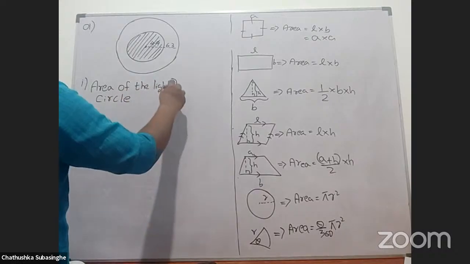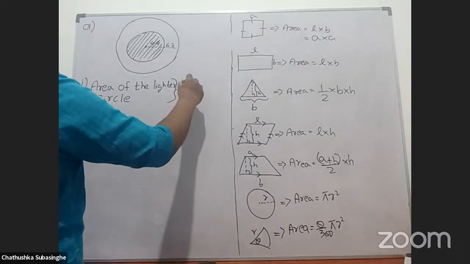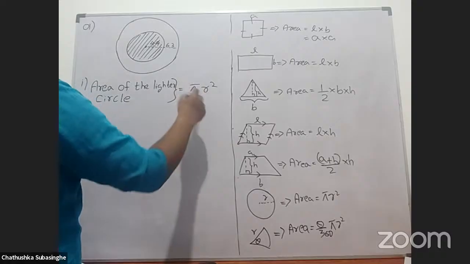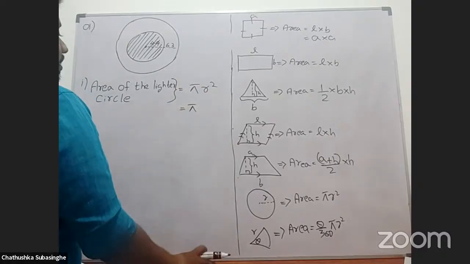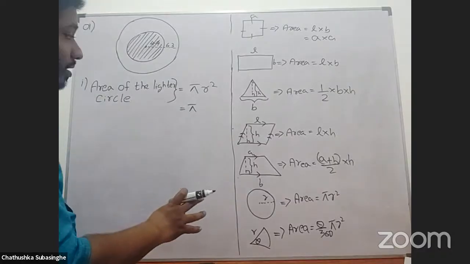That I can find by using pi r squared. Pi is just 22/7. I'm not going to replace it because this is still not my final answer.